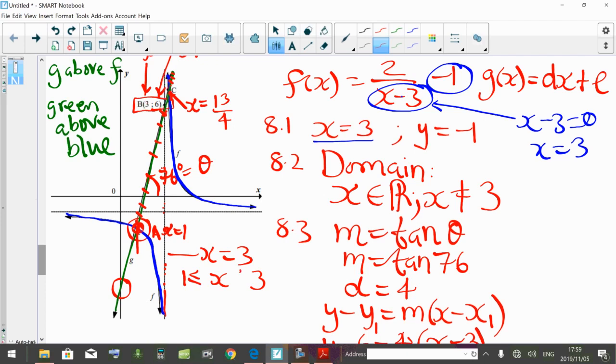It would be nice to write less than or equal to 3. However, we cannot do that because the blue graph is undefined there. So we will put a strict inequality, leaving our answer as this.